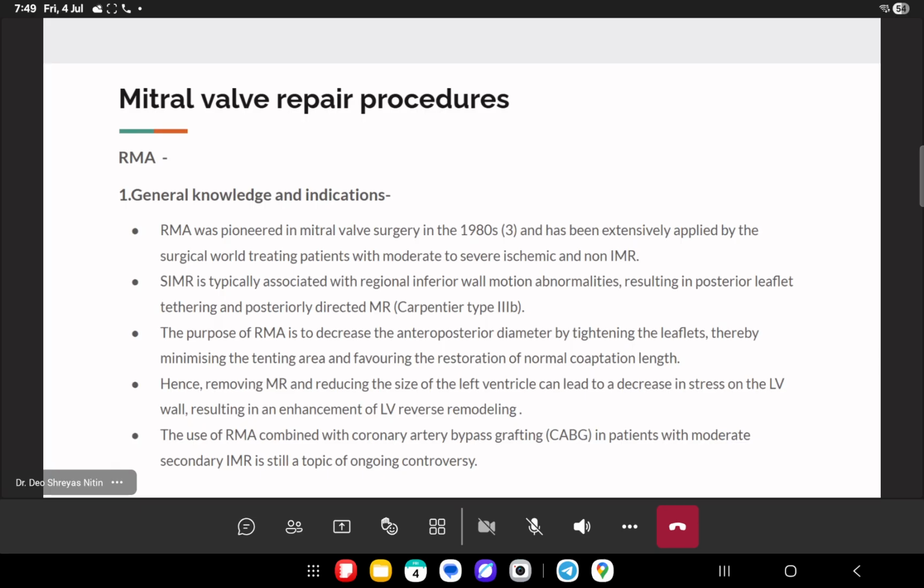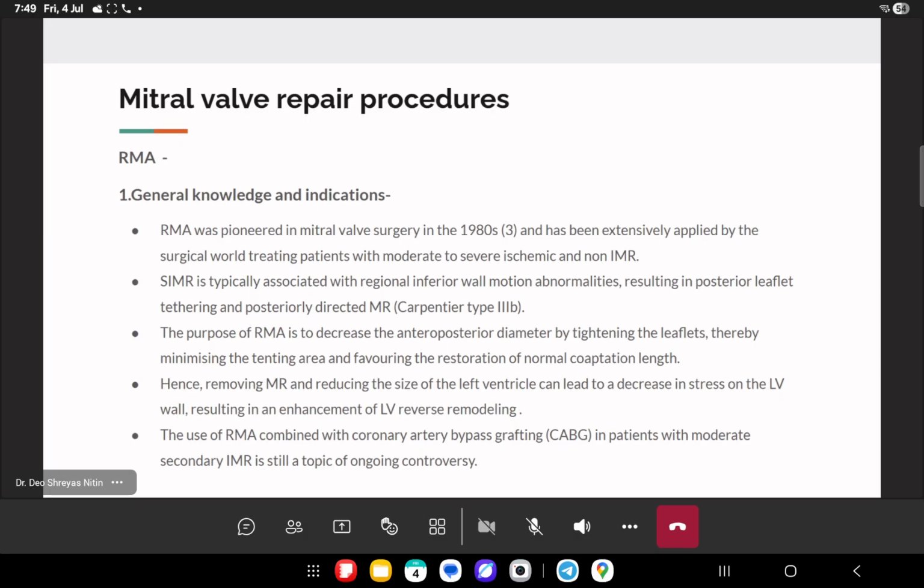The purpose of restrictive mitral annuloplasty is to decrease the anteroposterior diameter by tightening the leaflets, thereby minimizing the tenting area and favoring restoration of normal coaptation length. Hence, removing mitral regurgitation and reducing the size of the left ventricle can decrease stress on the LV wall, enhancing LV reverse remodeling.